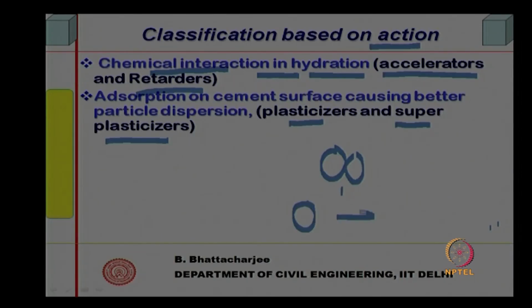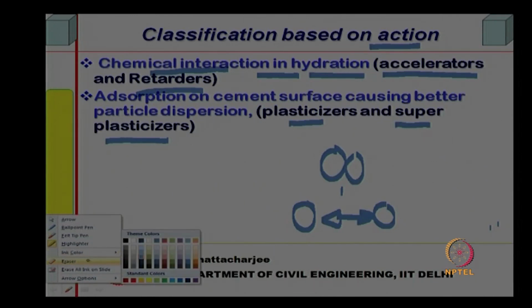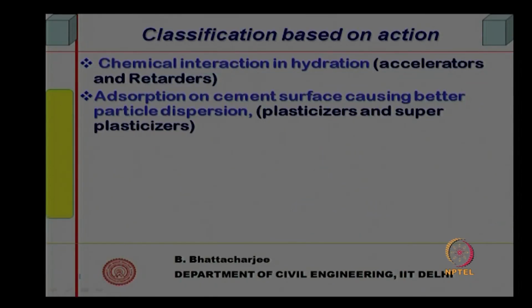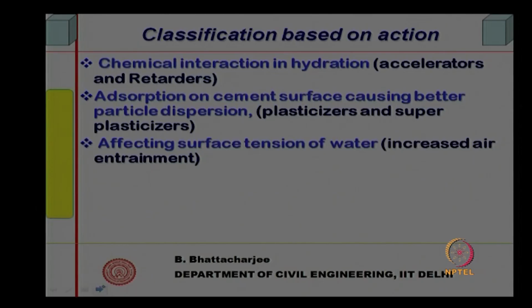That is what particle dispersants are. So, the second class get adsorbed on the surface and disperse the particles. Plasticizer, super plasticizer, hyper plasticizer, they belong to this group.